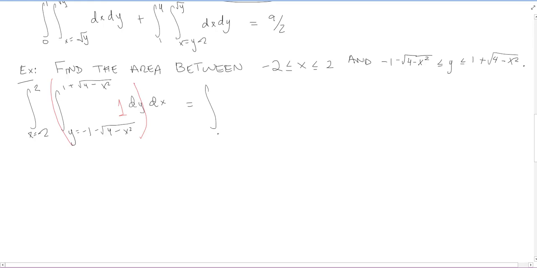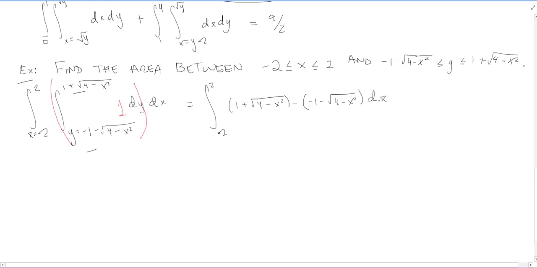I'll skip some steps to save some writing, but we're evaluating y at the upper and lower limits. So the integral of 1 is y, and then we plug in the upper limit and subtract, plugging in the lower limit. I'm just skipping the one step where I write y. Okay, so the upper limit minus the lower limit, and then we'll do some simplifying, and then we'll integrate this.